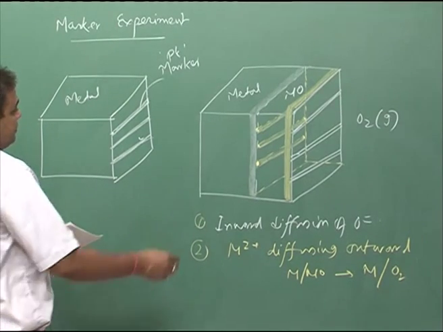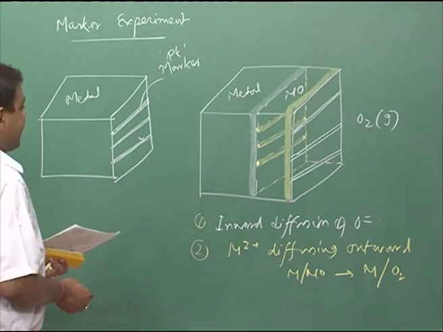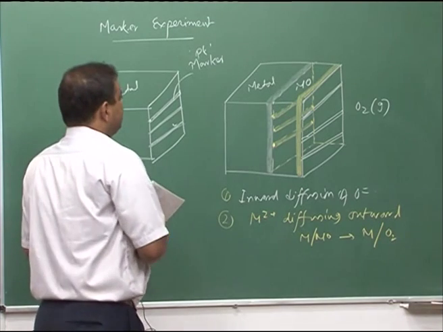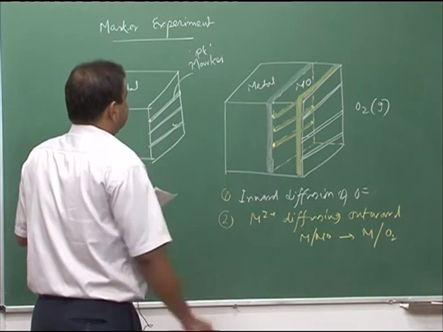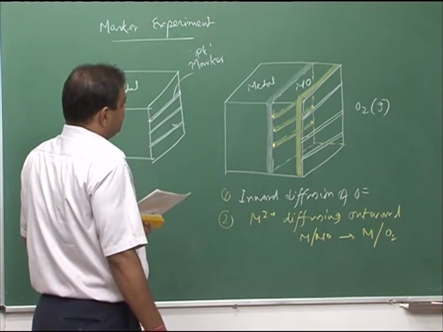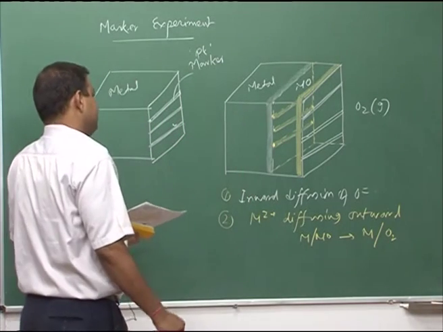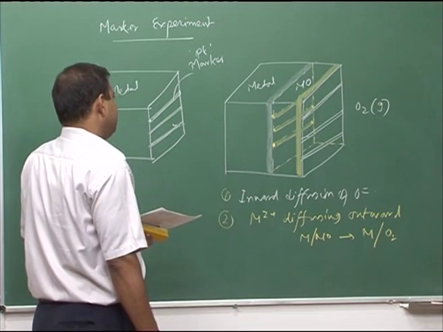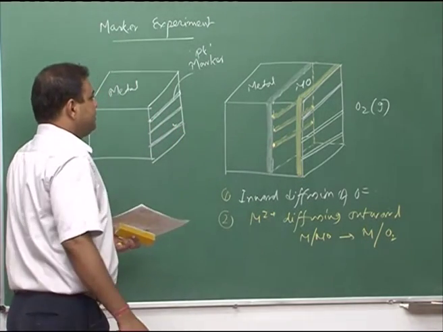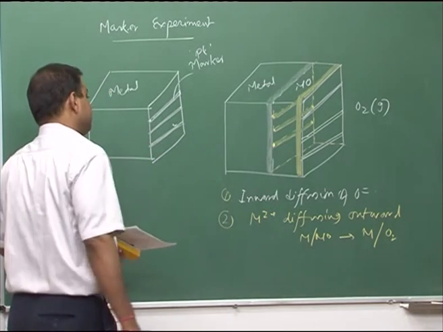Now, this marker experiment would definitely depend on the reactivity of the marker with the metal oxide or metal, because this process generally takes place at higher temperature, as well as the diameter of the wire. If the diameter of the wire is more than the thickness of the oxide layer, then it would not give any indication of where the oxide growth is taking place.